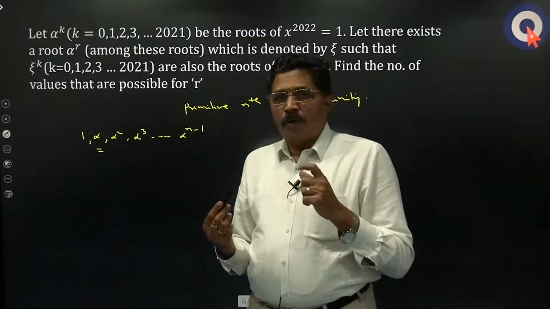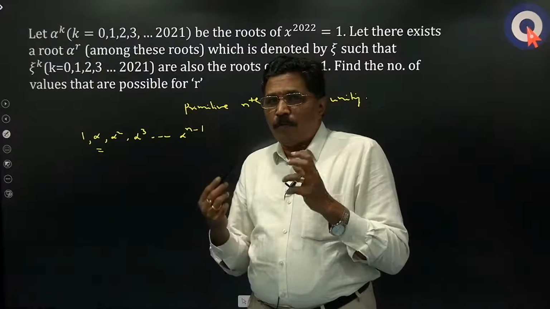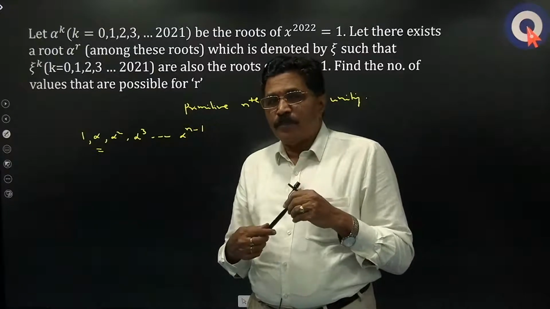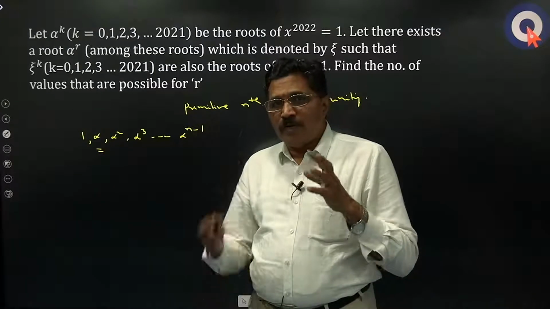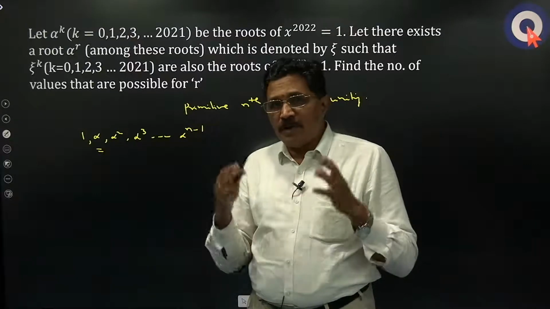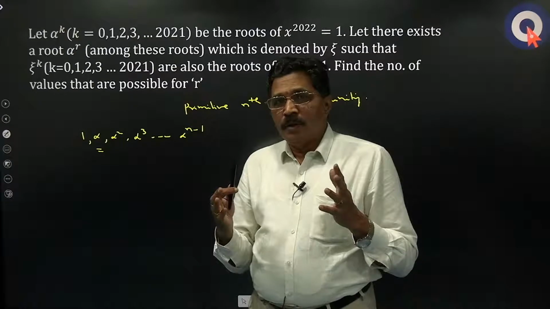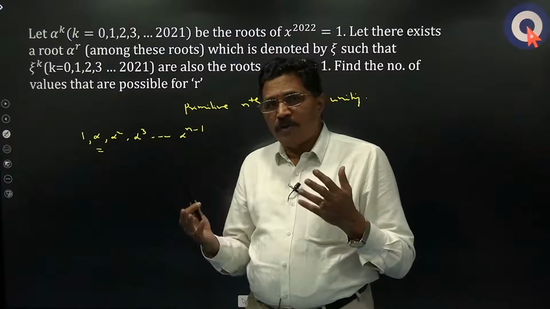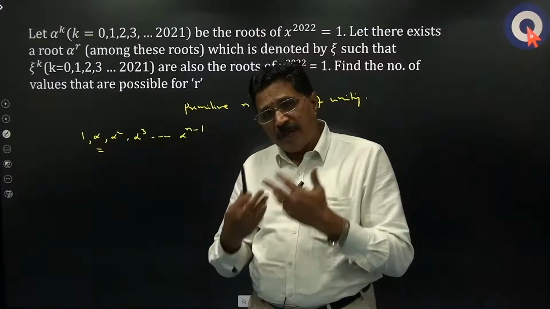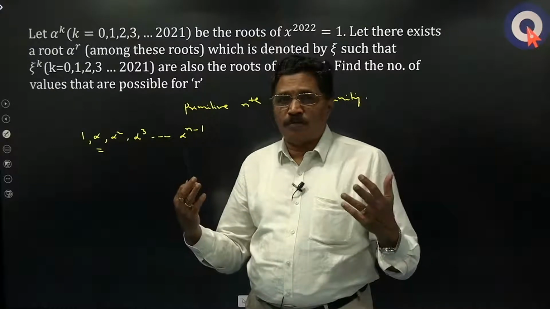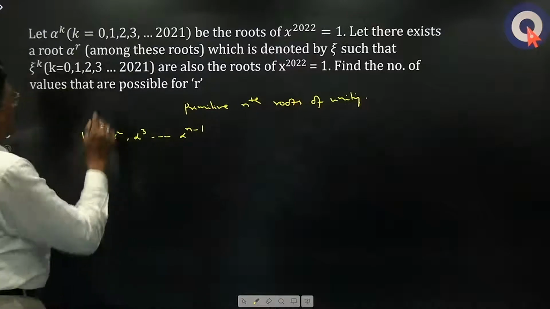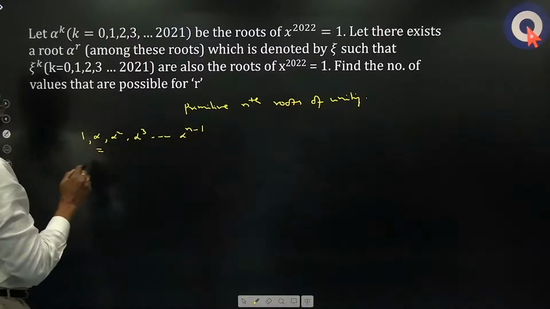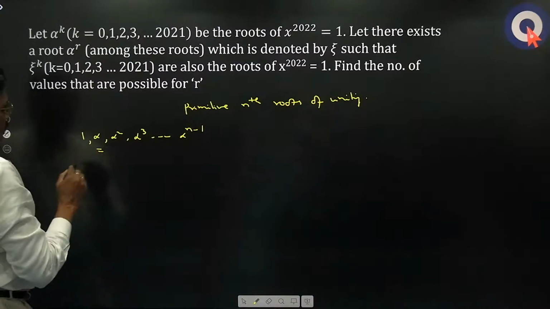All right. So now what is primitive nth root of unity? The question is, is alpha the only one which has this capability? It's not only alpha. There could be other roots which also will have the same capability of generating other roots. So the concept here is obtained as follows.